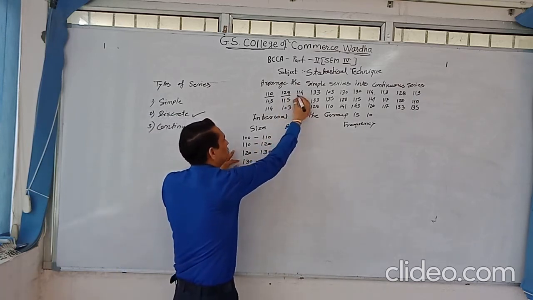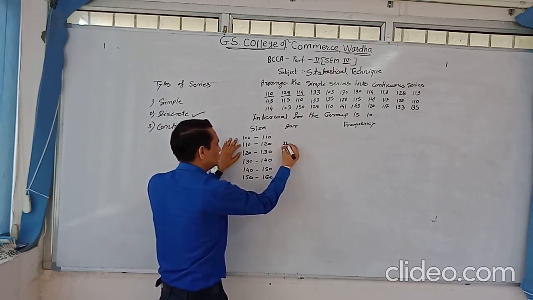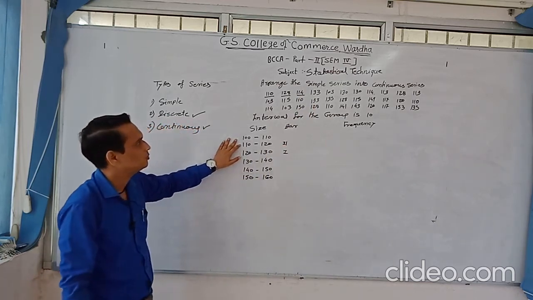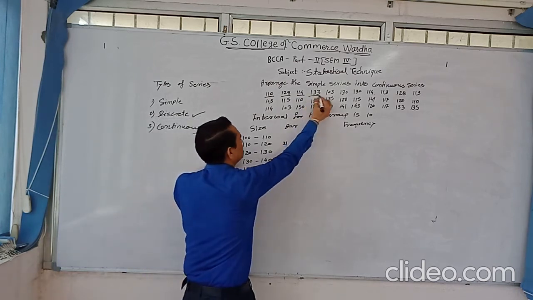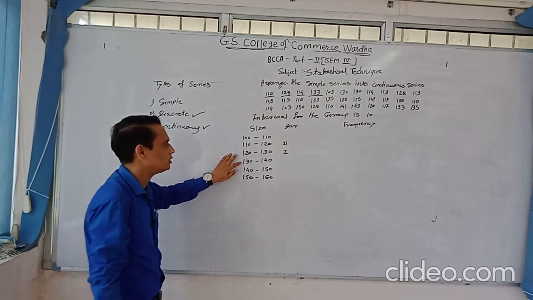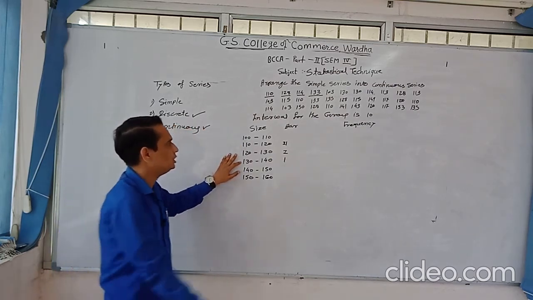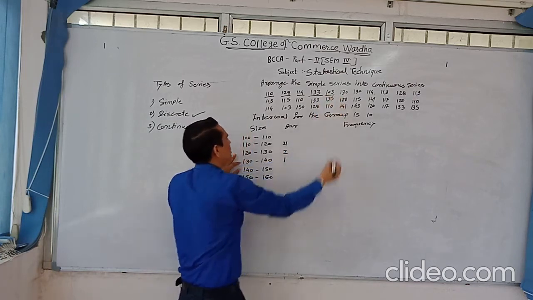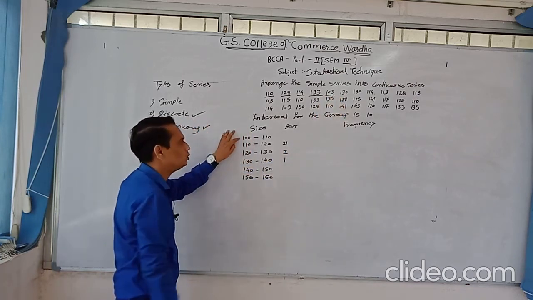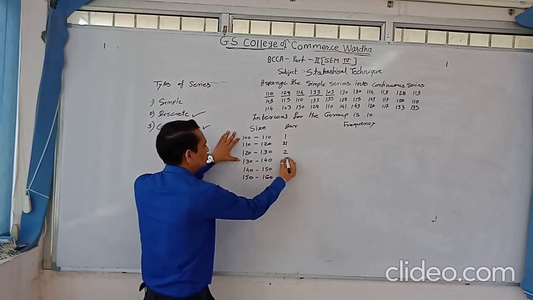Then 114 is included in 110 to 120, so we have the second bar in that group. 133 is included in the fourth group, 130 to 140. Next one, 103, is included in 100 to 110. Same way, 130 is included in the fourth group.